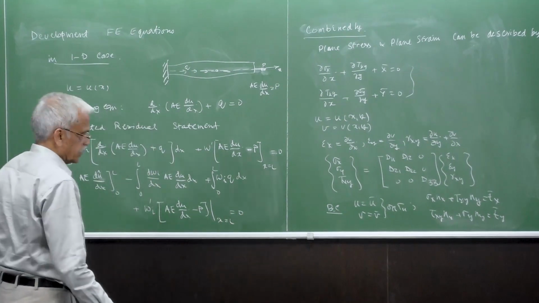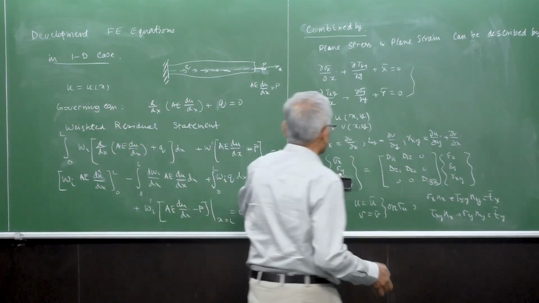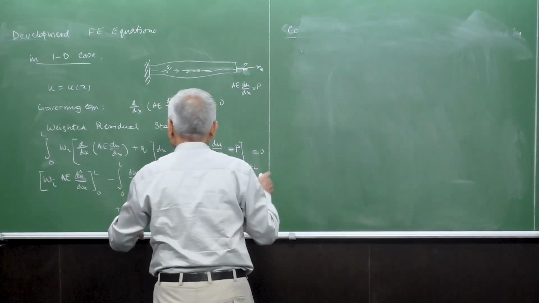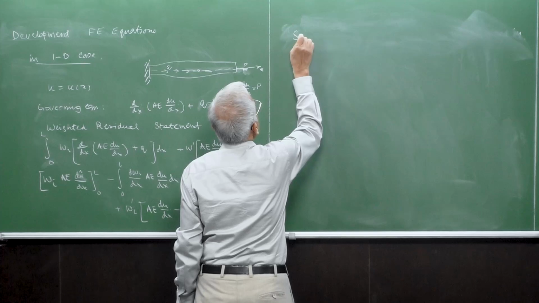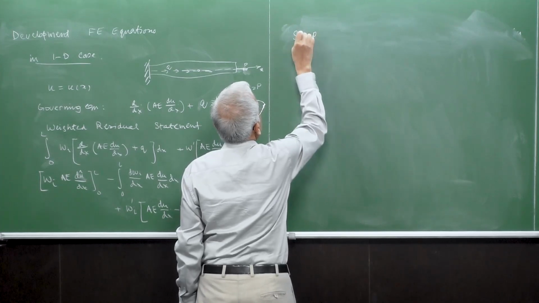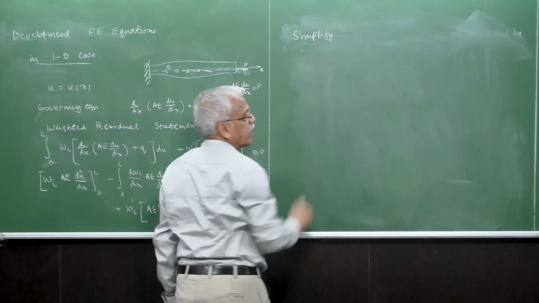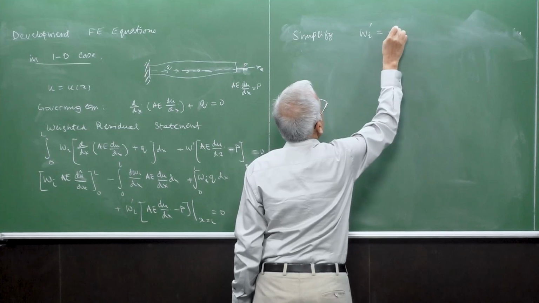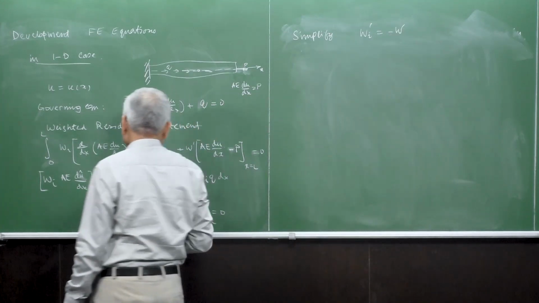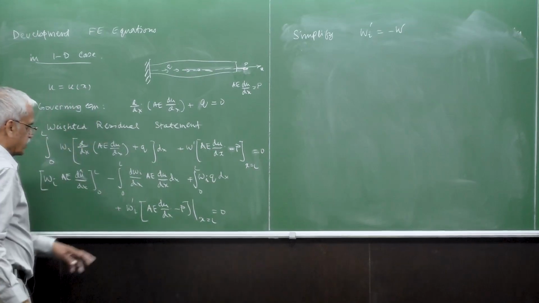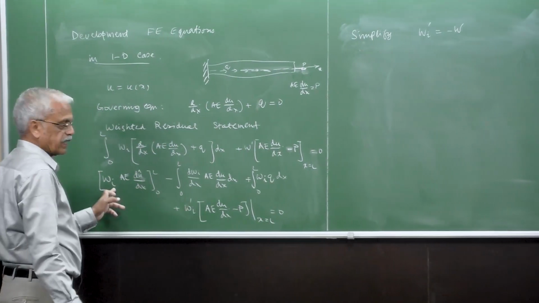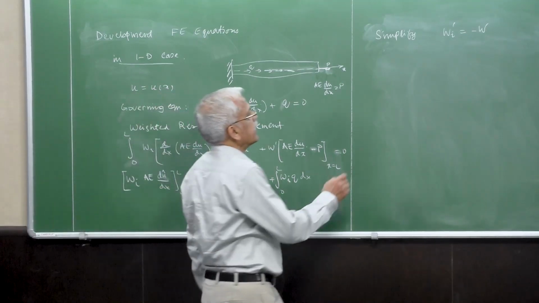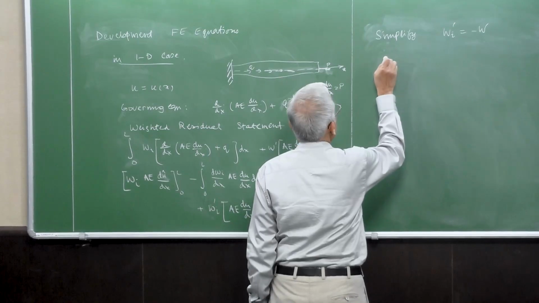So just to recall the conditions on u hat. If you want to simplify these terms, one way is to choose Wi prime as minus Wi. By choosing Wi prime equal to minus Wi, it can be cancelled with one of the boundary terms here, the top boundary term, and so that boundary term gets cancelled.